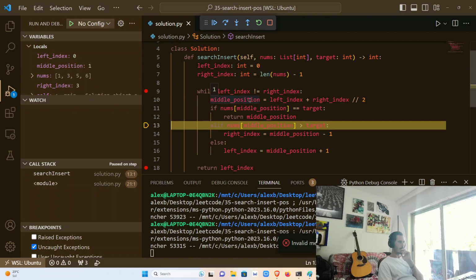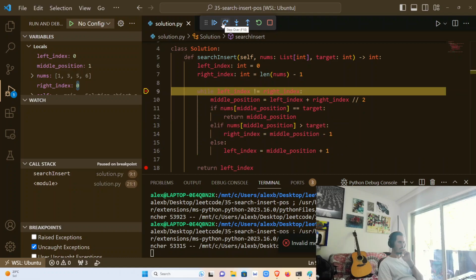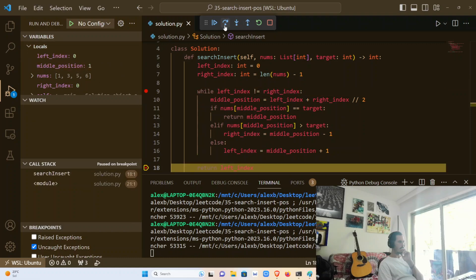The middle position is 1. Left index is 0. Oh, right. Not that simple.